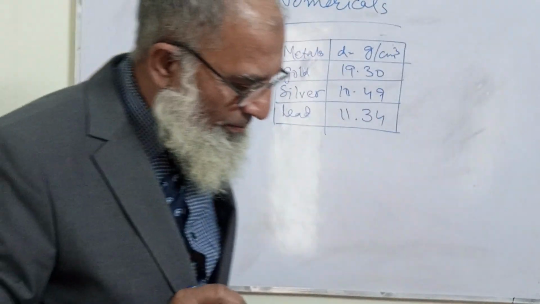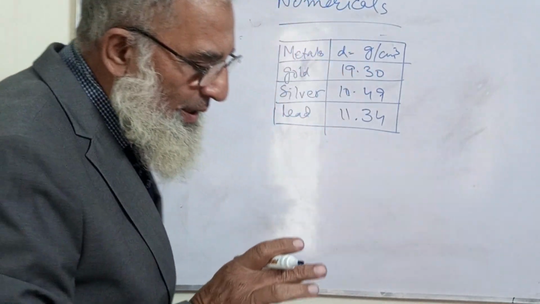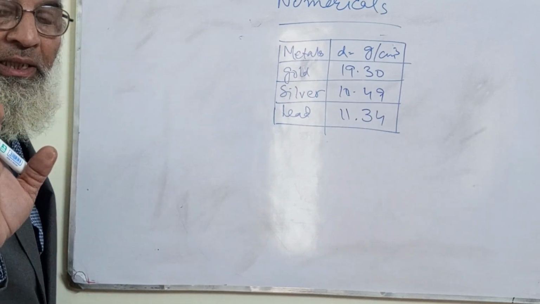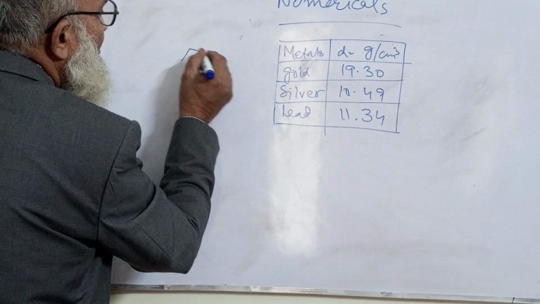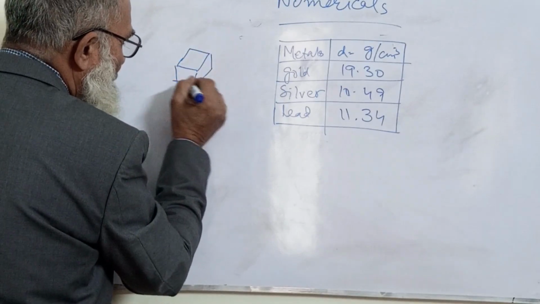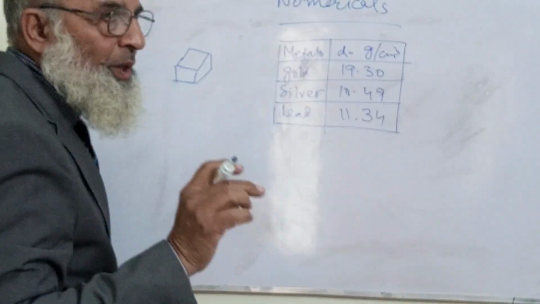Now, what is the question? 3 metal cubes have the same volume. The question is very interesting. We have taken a cube out of each, which have the same volume.